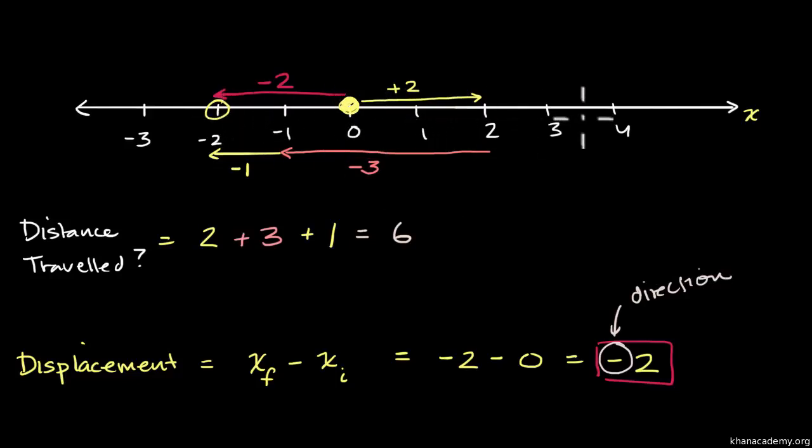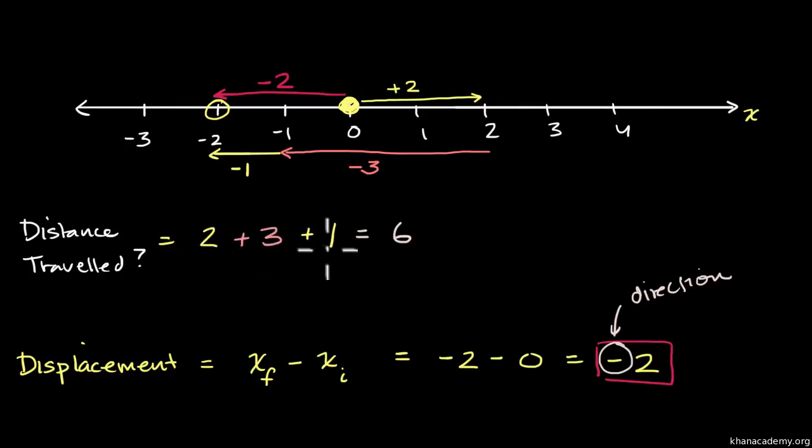And we're in this one-dimensional world, and those are the only two directions that I can travel in. So if I'm thinking about just one dimension, the sign gives me my direction. So that's why displacement, where I care about the magnitude and the direction, I do care about the sign. While distance, where I only care about the magnitude, I don't care about the sign.